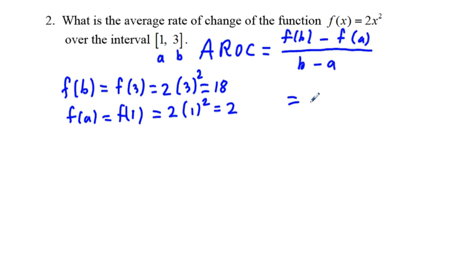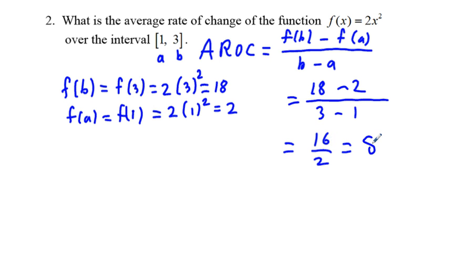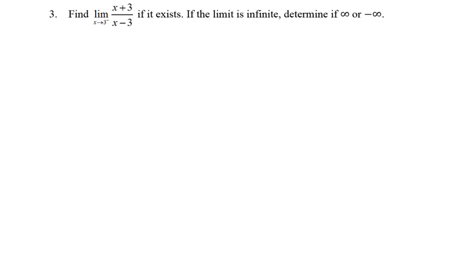So f of b is 18 minus f of a, which is 2, over b, which is 3, minus a, which is 1, and we get 16 over 2, which equals 8. Make sure you box in your answers to communicate to the test grader what your answer is without having to hunt around for it.